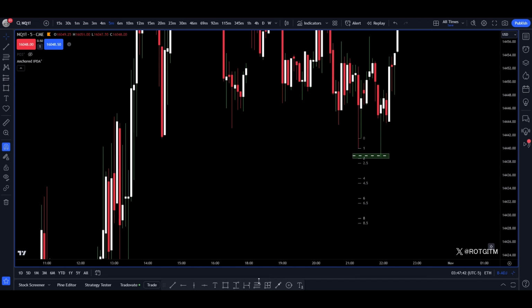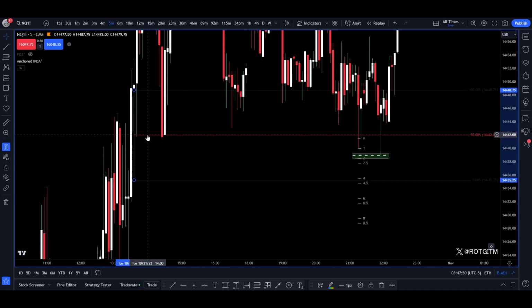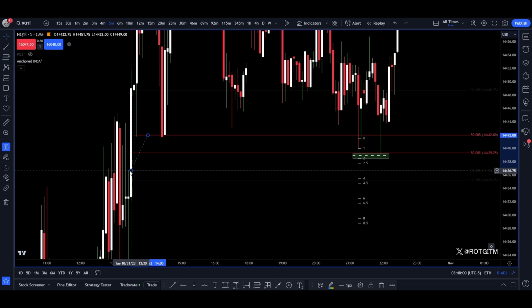We could do an inferred fair value gap check on it and see. It dips down below the consequent encroachment of the inferred fair value gap.